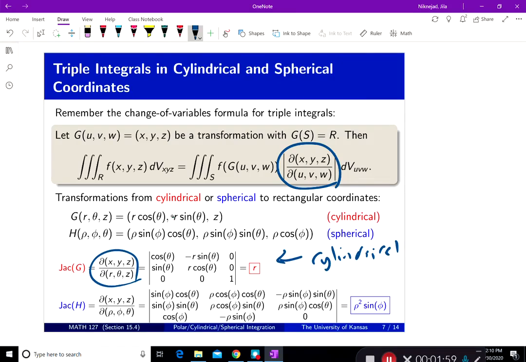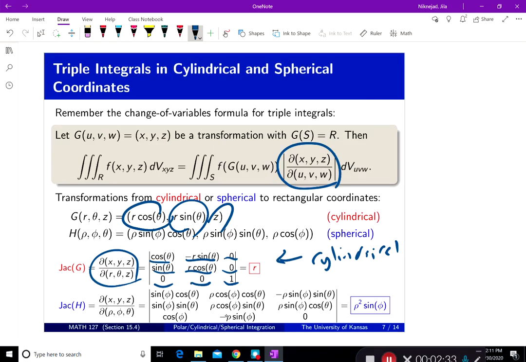Remember, derivative of the first one with respect to r, then the first one with respect to theta, the first one with respect to z, which gives you 0. Then the second one with respect to r, theta, and z, and the third one with respect to r, theta, and z. And then you find the determinant the same way we found the determinant when we were doing cross products.